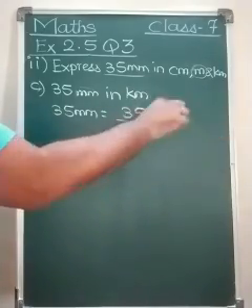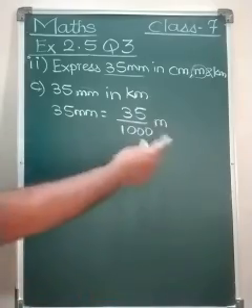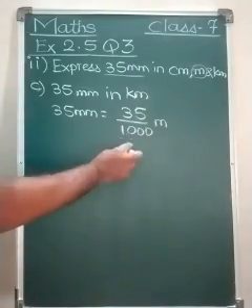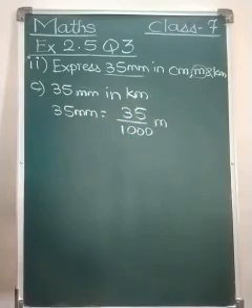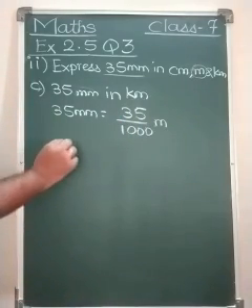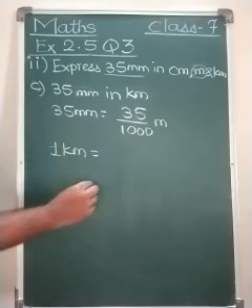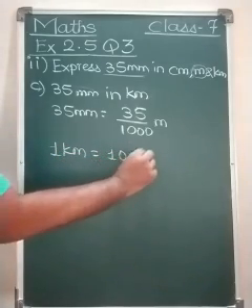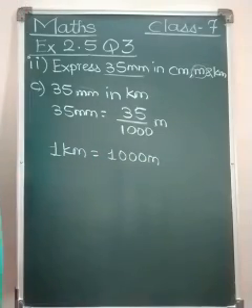Meters into kilometers, hectometers, decameters, decimeter, centimeter, millimeter. So first convert into meters. Now 1 kilometer equals 1000 meters.